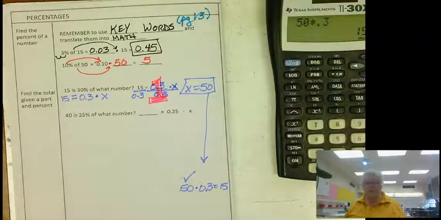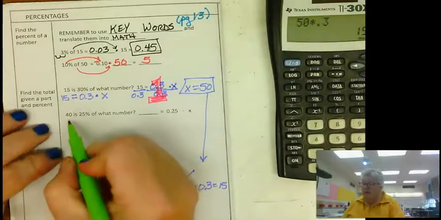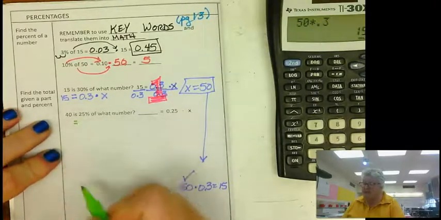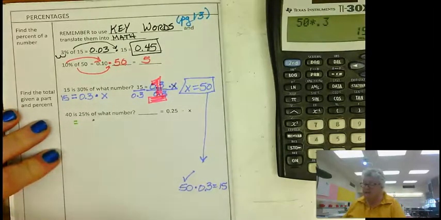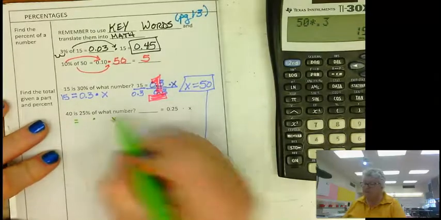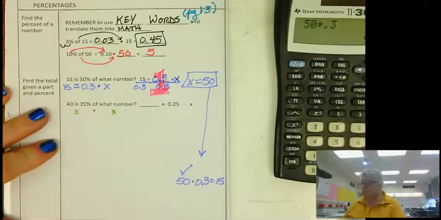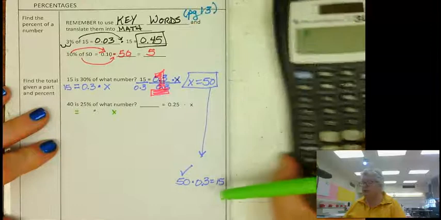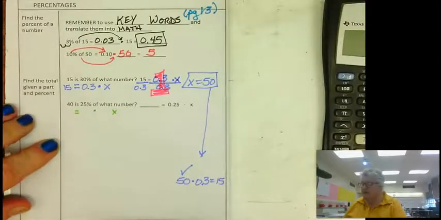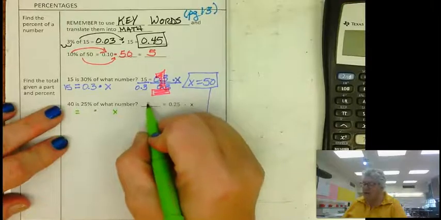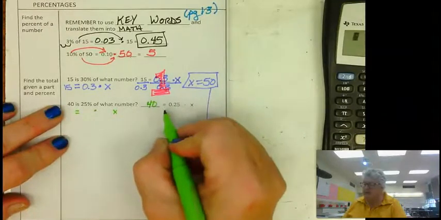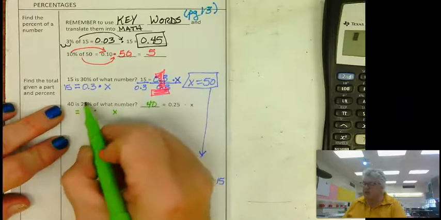Let's try it again. One more time. 40% is, so that's equals, 25% of, that's times, what number? Well, in math we just put an X. You can put any other letter in there if you want, but I'm just using X. Alright, so we've got 40 equals, that's how we write 25%, right?